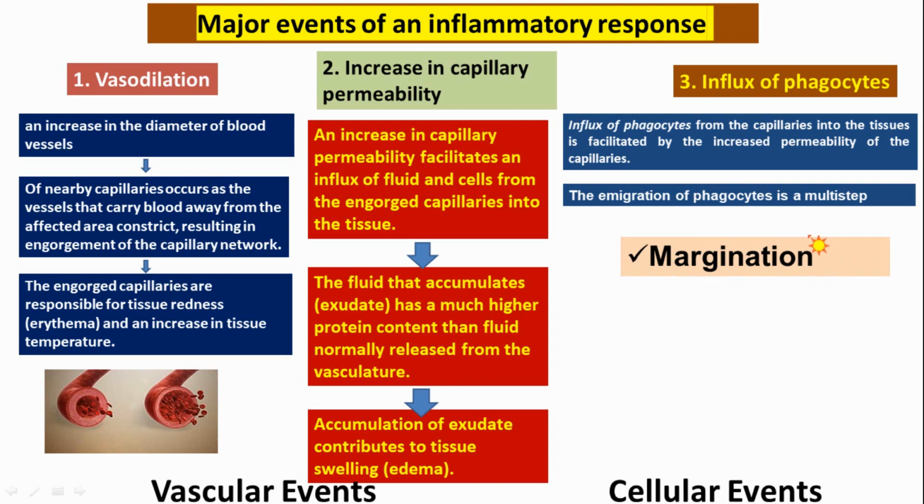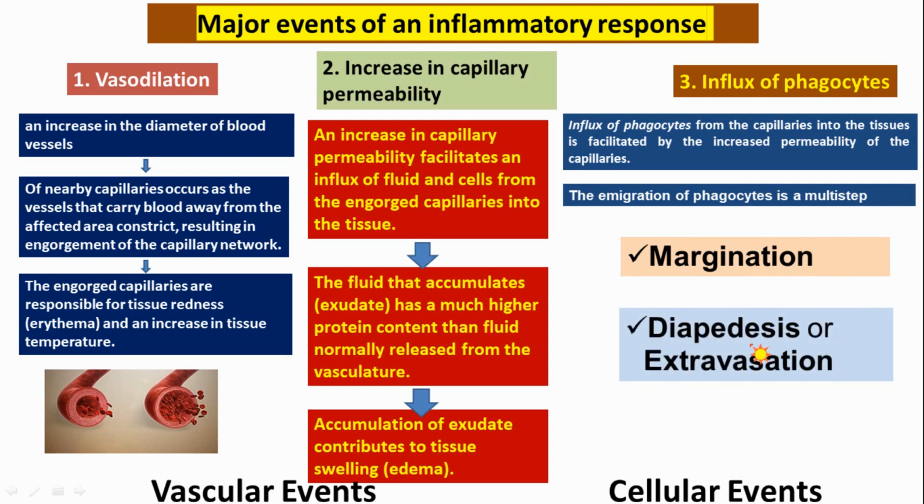Then after margination, they will do diapedesis, or extravasation. They start moving through these permeable spaces from the capillary towards the tissue. They change their shape, they squeeze, and they cross the capillary and enter into the tissue.